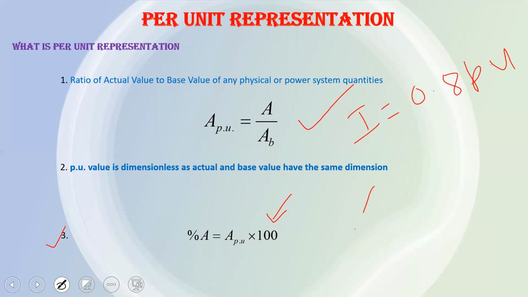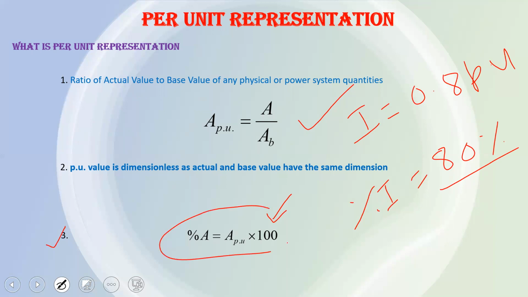If you multiply this 0.8 by 100, you directly get its value in percentage. So in percentage, the value of current is 80%. This is very important. You can easily get the percentage of any quantity if you have the value of that quantity in per unit. You just have to multiply it by 100.